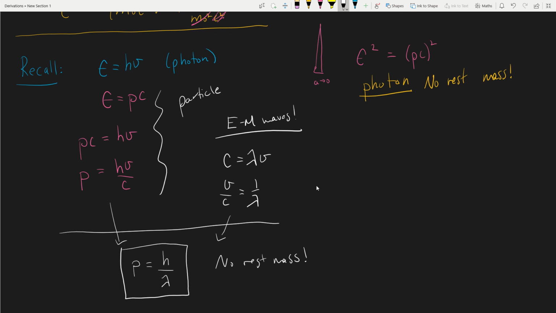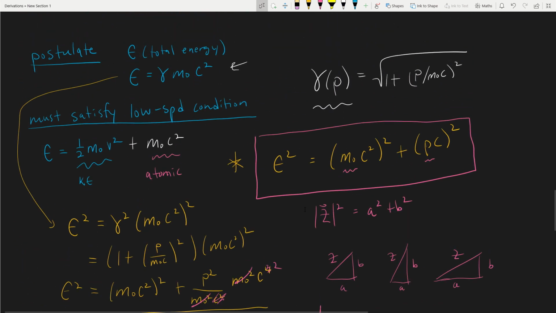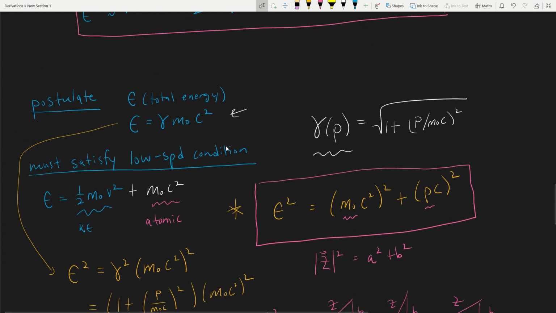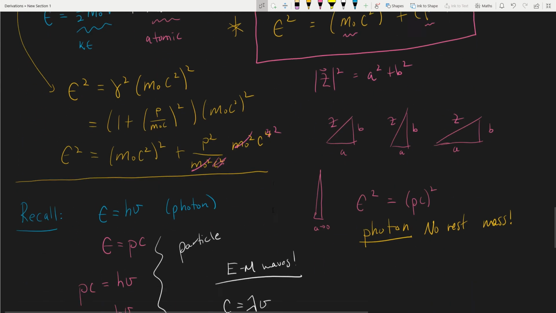There's a lot you can develop with this relation. And what it all goes back to is our postulate about the total energy of the system. So all of this can be derived from that postulate.